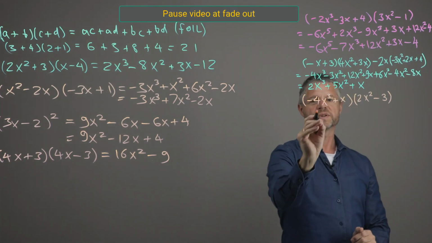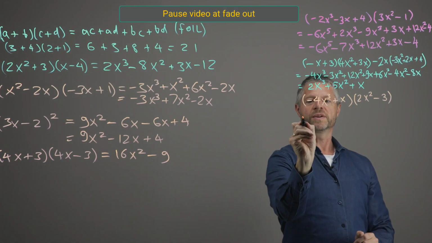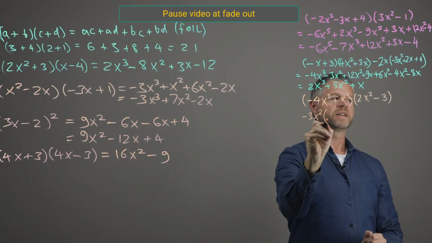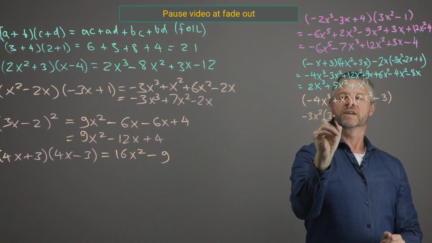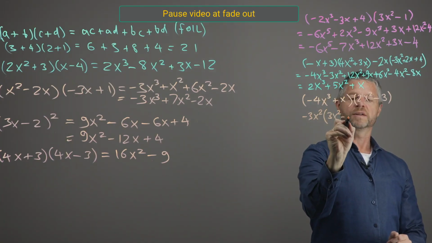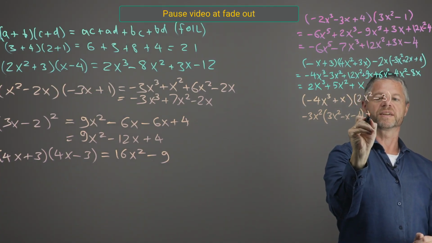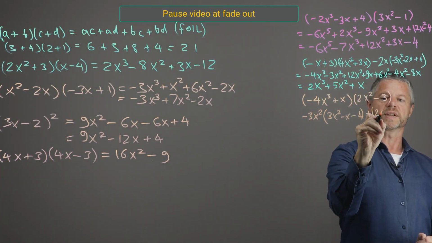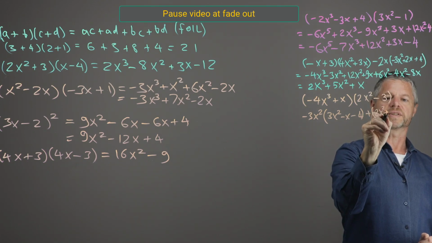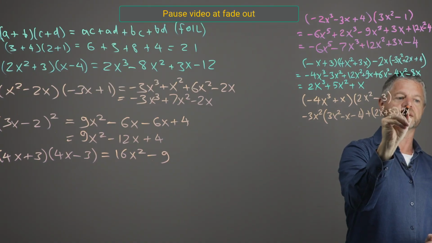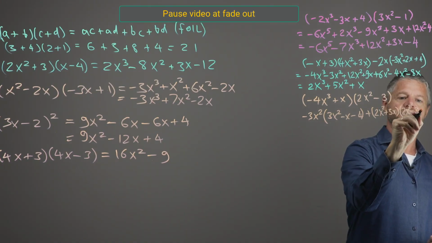And then we'll do a more complicated example. We'll do minus 3x squared times 3x squared minus x minus 4 plus 2x squared plus 3x times 2x squared minus 3x.